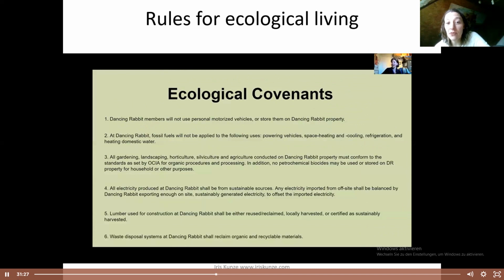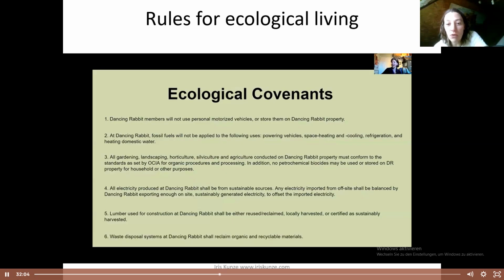So they have a car sharing pool, so there are no individual cars. They also use electric vehicles and these kinds of things. They have space heating, cooling, refrigeration, and domestic water heating that is used for several buildings together. And of course they do ecological agriculture on the property and organic food production.